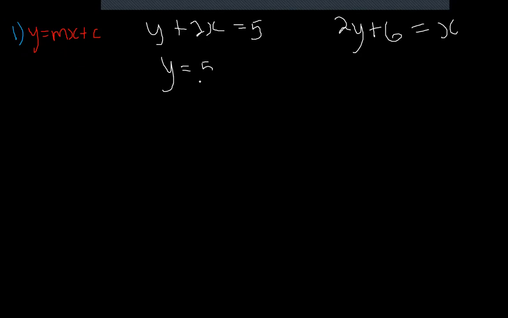So this would be 5 minus 2x. But remember, we want it in this form. So we could rewrite this as y is equal to minus 2x plus 5. That's just translation.